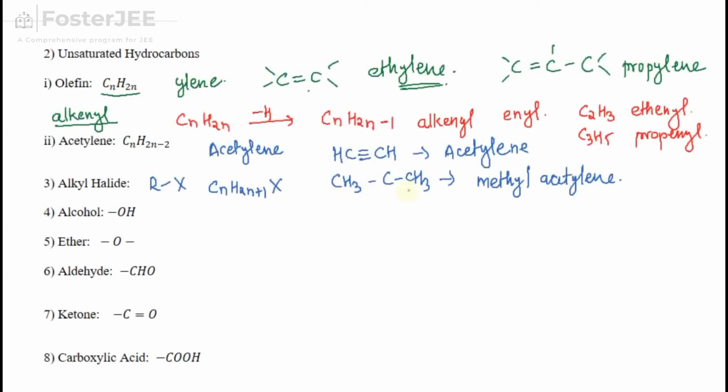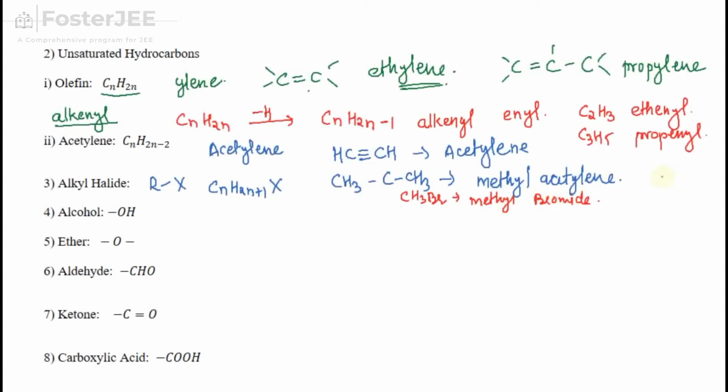For example, CH3Br. So the name of this compound is methyl bromide. Here we are naming the alkyl group and adding the halide group to name the compound.